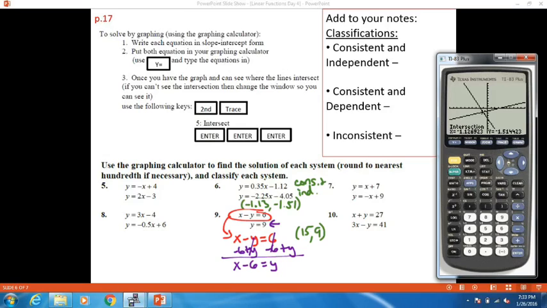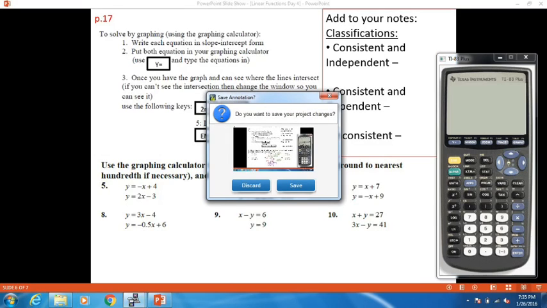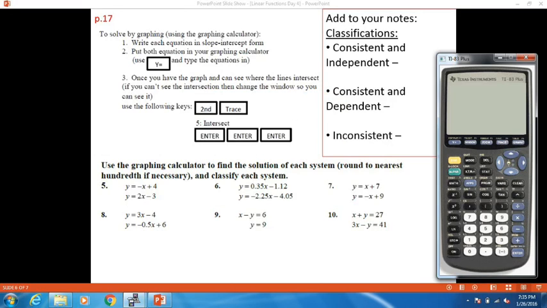Okay, so just to make sure, my answers disappear when I do that. We do want to save our answers there. But let's come in here and clear and make sure you can see those windows.